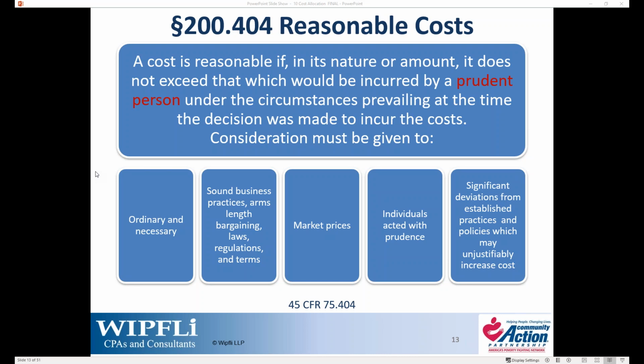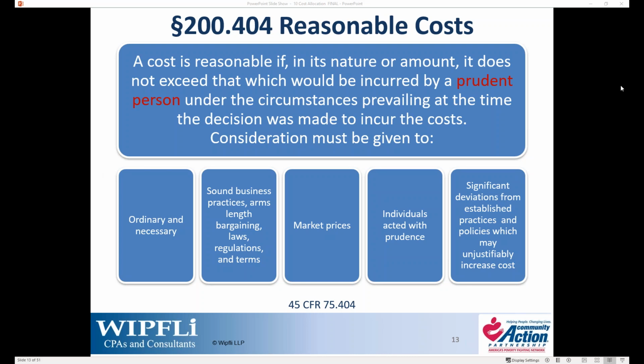Keep in mind sound business practices and arm's length bargaining, making sure we're paying market prices for comparable goods, making sure that the individuals making the decisions act with prudence, and that we don't deviate from our established practices, which could unjustifiably increase a cost. So again, all of these things have to be kept in mind when we're trying to consider reasonable.